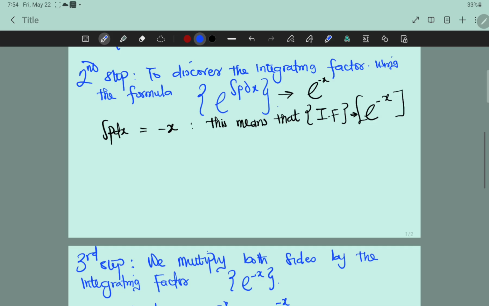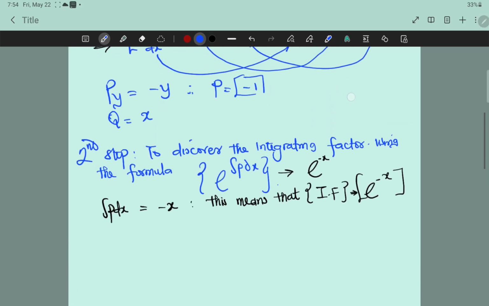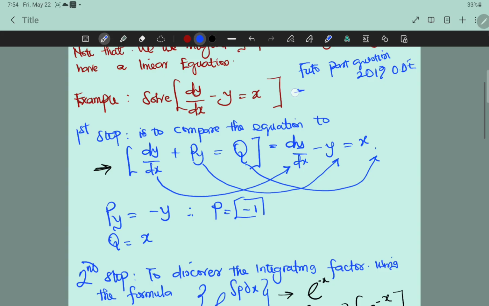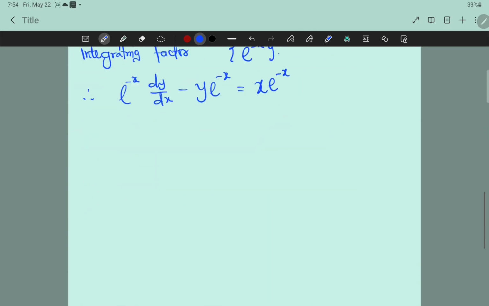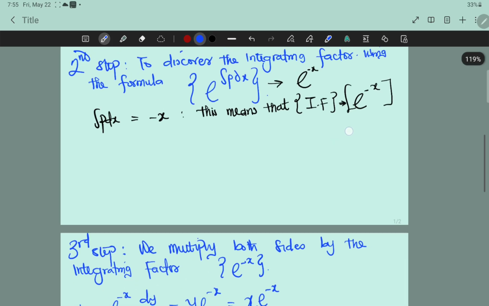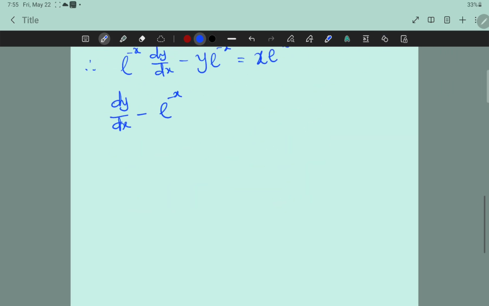Should I explain? So let's assume that this is your equation. If you want to multiply through, the equation is dy/dx minus y is equal to x.